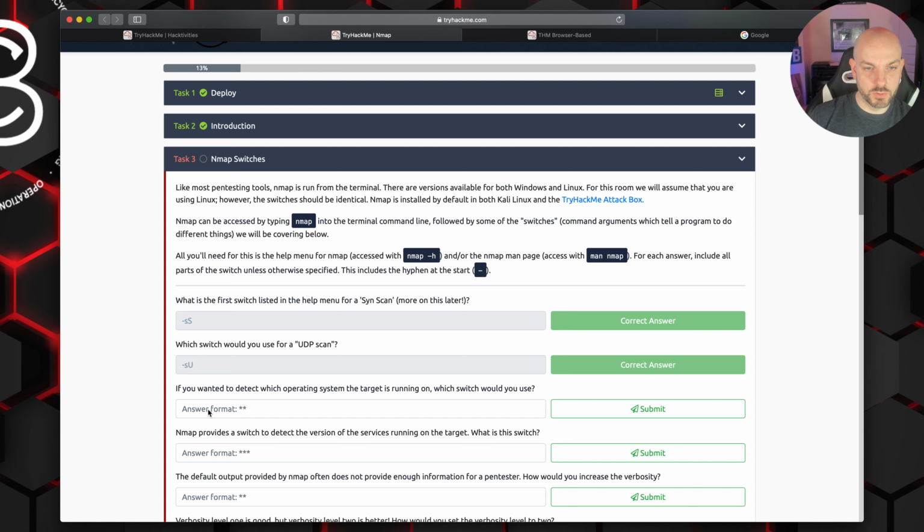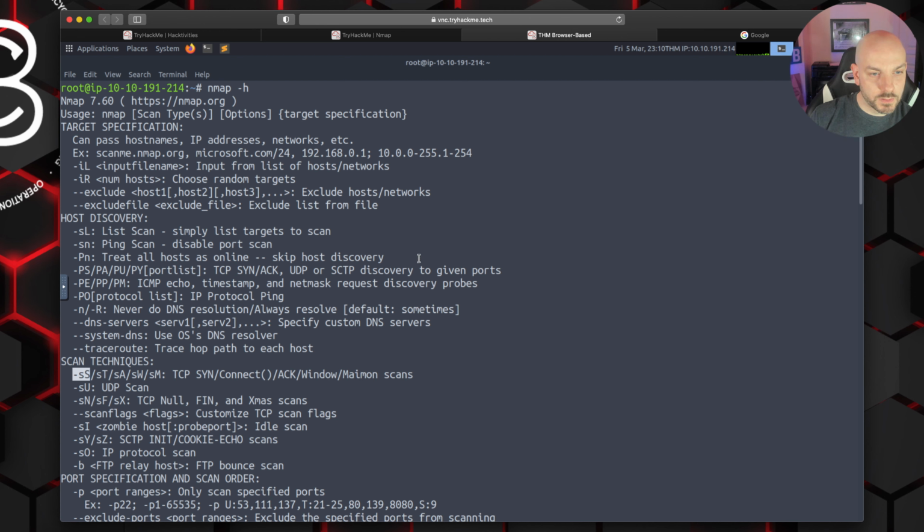Let's see. If we wanted to detect which operating systems are running on the target, what would we use? So we're talking about fingerprinting. Let's see.